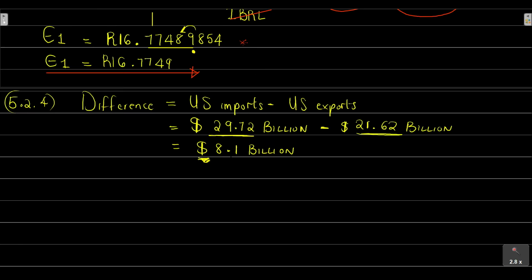So it's important that at this step we convert this value of 8.1 billion US dollars into euros. Once we've converted it, we'll be able to compare these two values and verify whether his statement was correct or not.